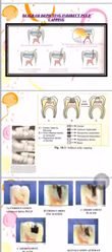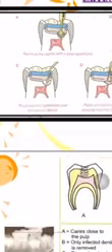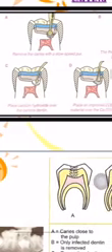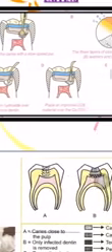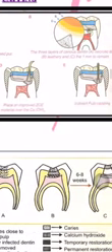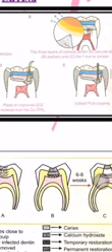Here in this diagram depicting indirect pulp capping, we can remove caries with a large round burr, and we can see the caries removed with the slow speed burr in A, while in B we can see the 3 layers of carious dentin.